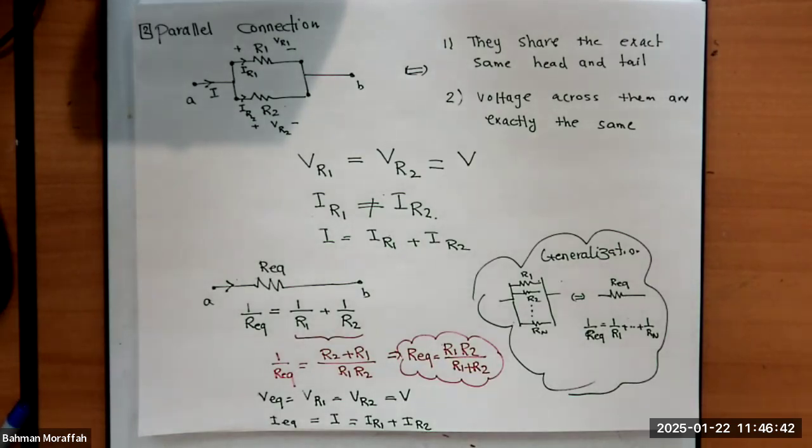So far, we have a bunch of tools. If you have a series connection, we can simplify it down to one resistance. If I have a parallel connection, I can simplify it down to one. And then I know Ohm's law. But that's not enough. Whenever I'm looking at a circuit, I have to be able to have more tools to analyze it.